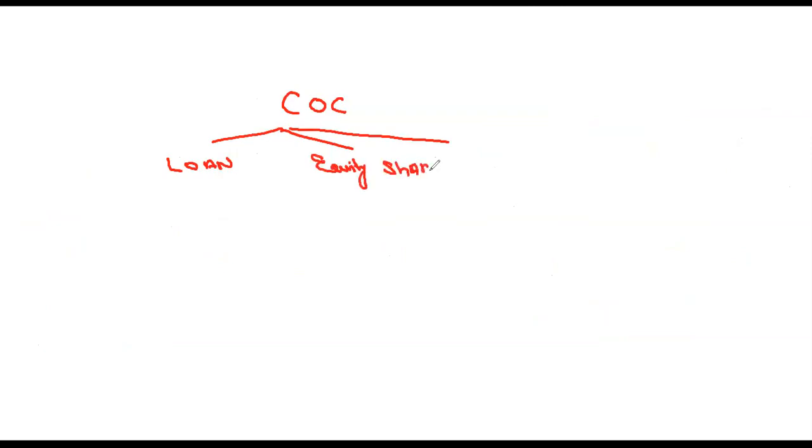Now, in cost of capital, there are three types of things we will go through. One is loan, the other is equity shares, and the last is preference shares. Today we will discuss the loan.